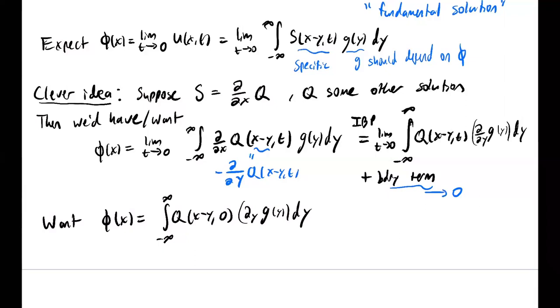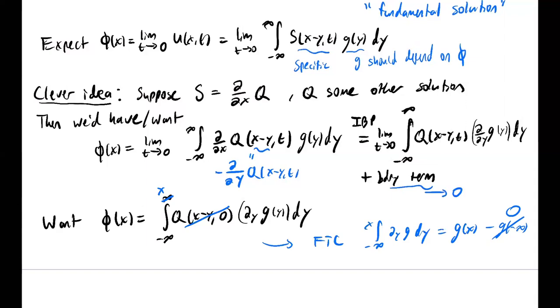Let's say I can forget about the q, and on the support of this function q, the integral is only defined from negative infinity up to the point x. If this is the case, then by the fundamental theorem of calculus, I'm integrating the derivative of g from minus infinity to x. And so the fundamental theorem tells me that this is g of x minus g at minus infinity, which we're assuming is 0.